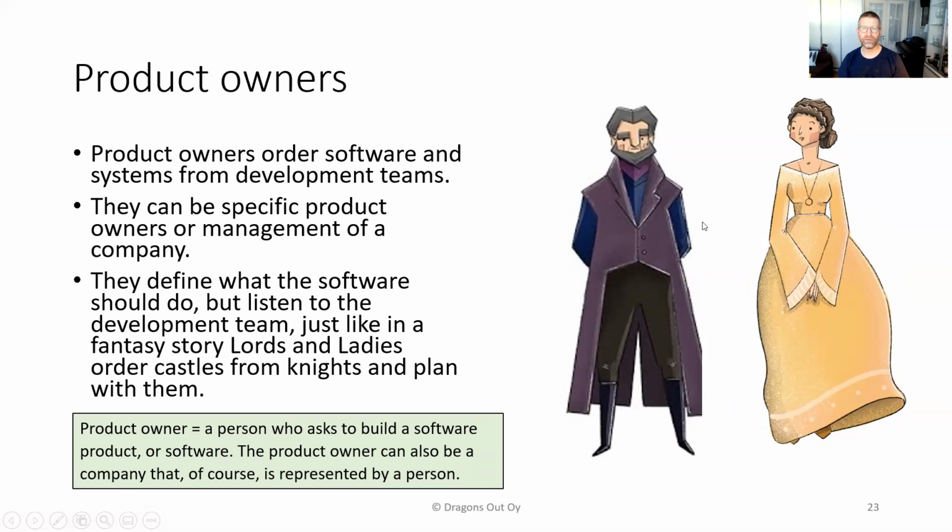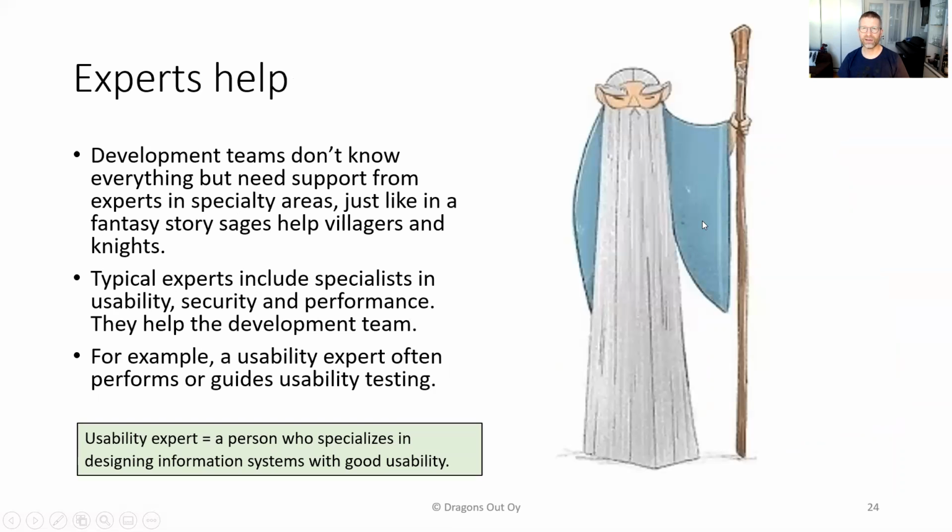In the same way as in a fantasy story, lords and ladies would order castles from knights and plan with them what kind of castle it should be, to be safe from dragon attacks. So business or product owner, very important role. And also, they test. They test if things go as they wanted.